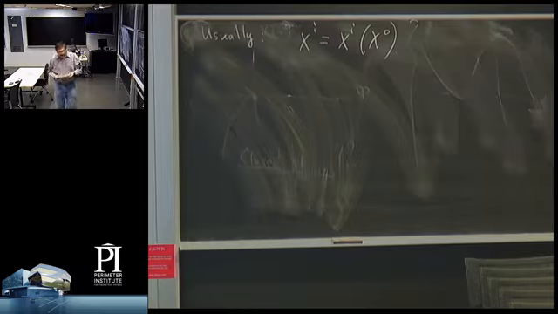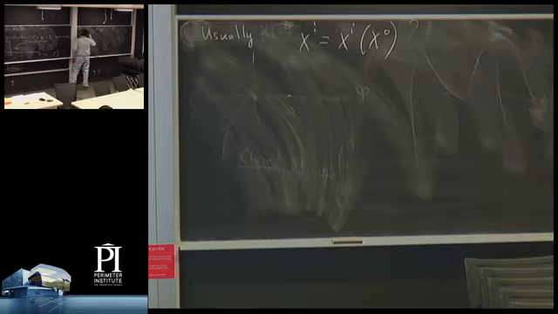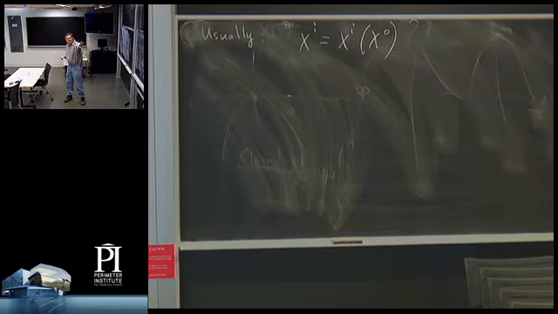Now the problem with that is x^0 is special. It forces us to choose one particular coordinate and declare it to be time. And one of the fundamental principles that we use in building up string theory will be Lorentz invariance, Poincare invariance. So we want not to have a particular coordinate have a special status.